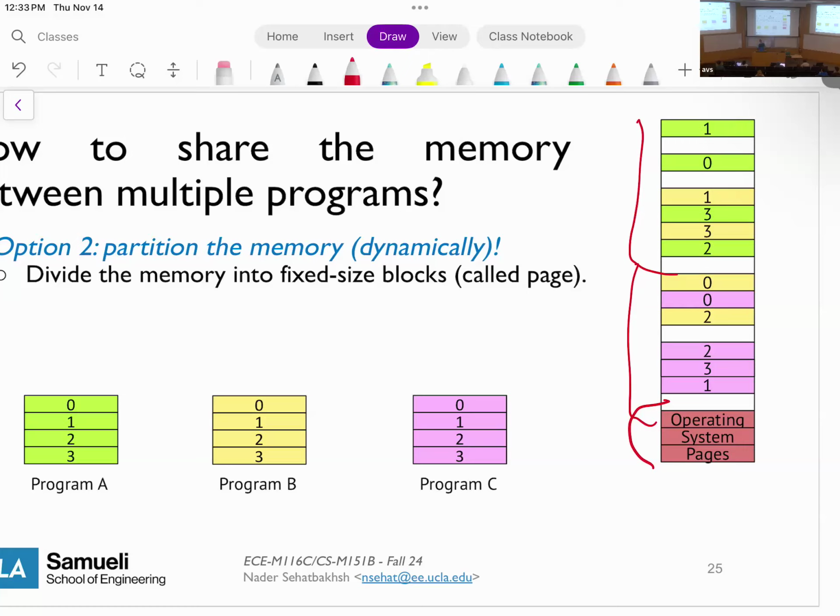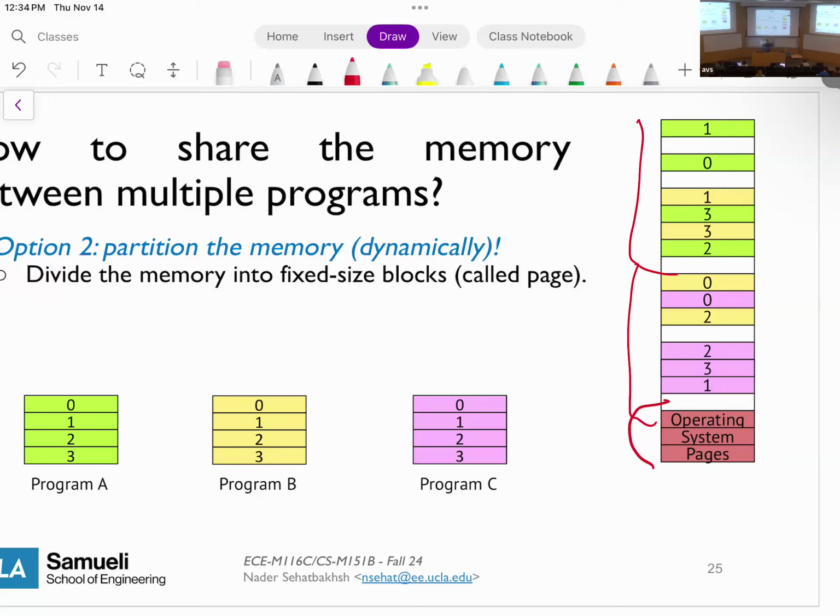The reason is that I want to use my memory more efficiently, because now I can allocate or deallocate space to each program at page granularity. If a program wants to grow, I'll add another page to it. If it wants to shrink, I remove a page from it. If I want to add a new program, I find empty pages in my memory and assign them to it, and so on.